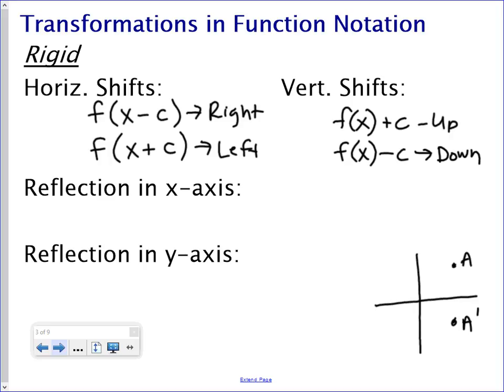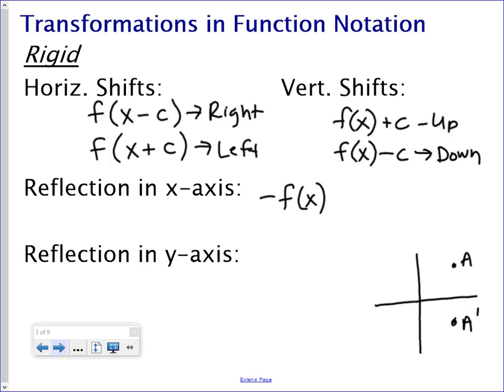So you can see that if you compare those 2 points, I'm going the same distance to the right. Really, it's my y that changes and becomes negative. So when you want to reflect something in the x-axis, you want to change the y's to their negative or their opposites. Okay? So a reflection in the x-axis should be negative f of x, because remember f of x is really just y.